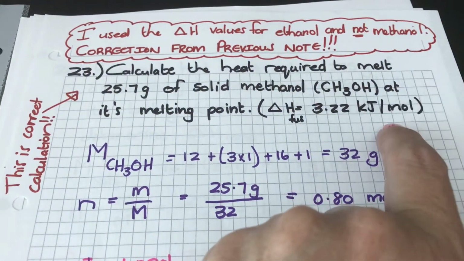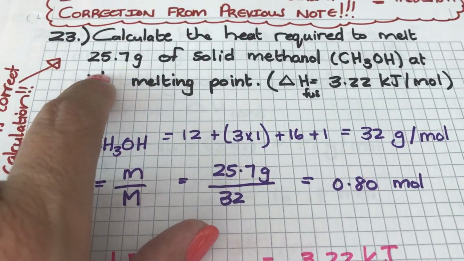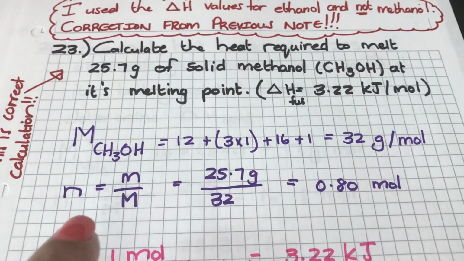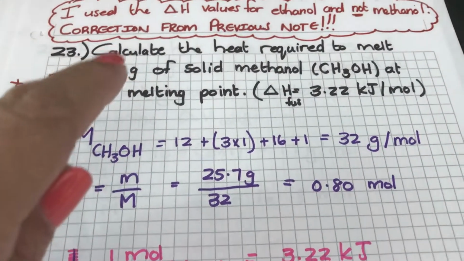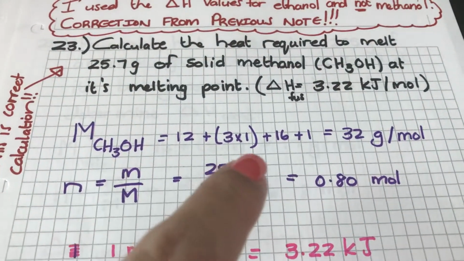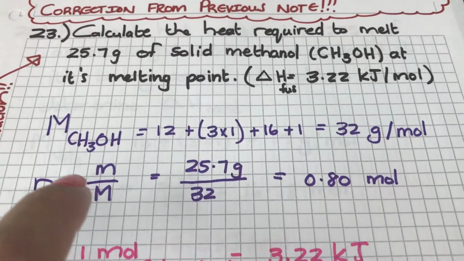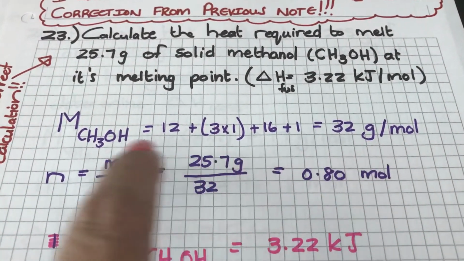I don't have my value of methanol in moles, but I have it in mass. So that means I can use relative atomic mass values to calculate the number of moles I have. So if I have 25.7 grams, I can find out how many moles I have. So I first determine my molar mass, meaning adding up all my relative atomic masses.